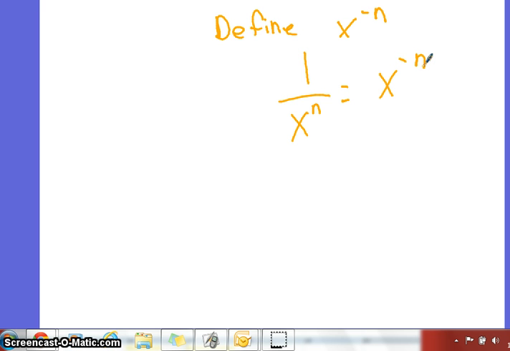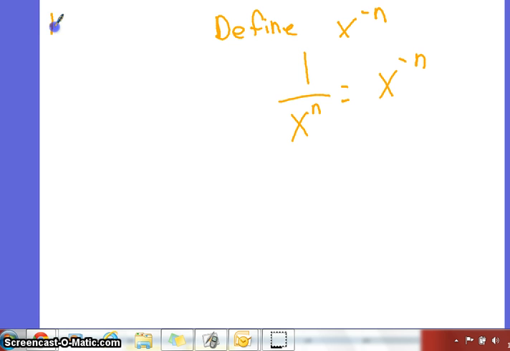And then I'll show you some examples of that. All right, so that's the definition. We just defined x to the negative nth power. It's basically the reciprocal. Okay? So here we go.